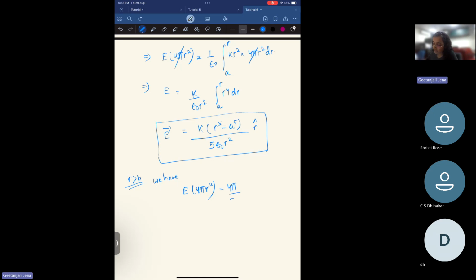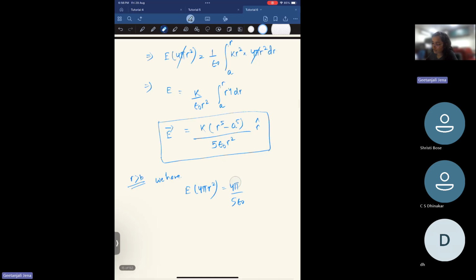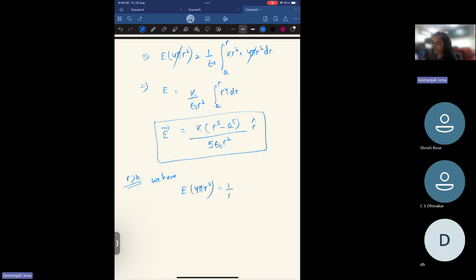So let me write it properly: 1 by epsilon naught from a to b, k r to the 4 dr. So this will give k by 5 epsilon naught, b to the 5 minus a to the 5.